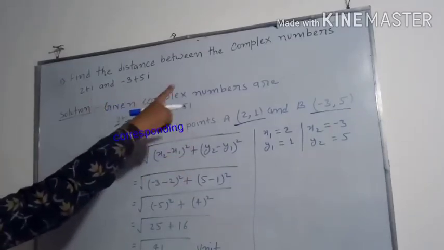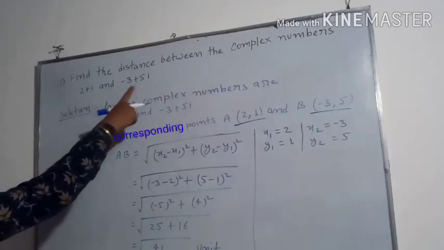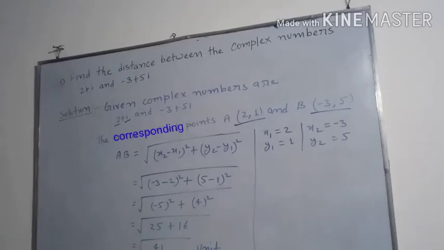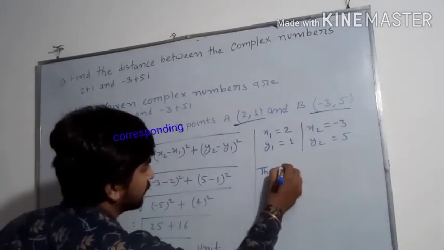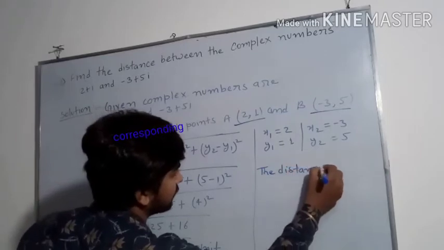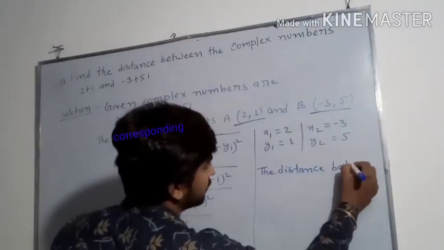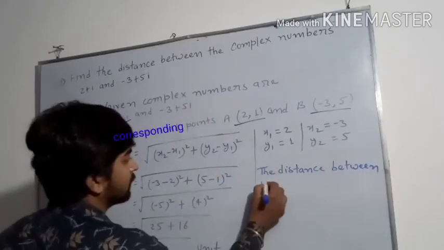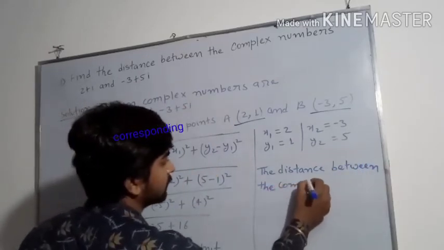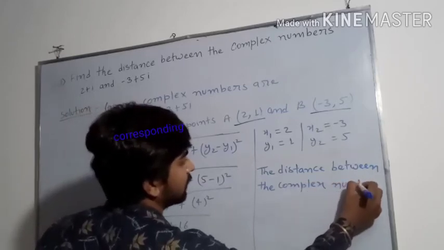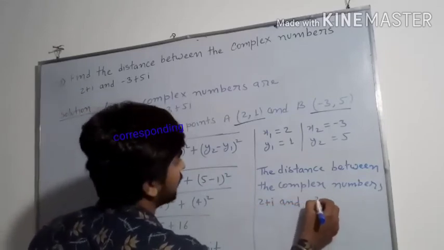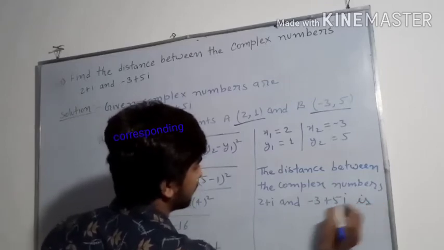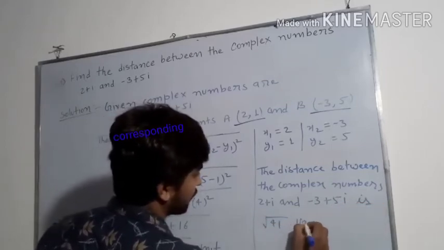So the distance between the complex numbers 2 plus i and minus 3 plus 5i is under root 41 unit.